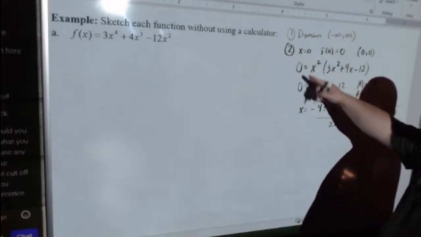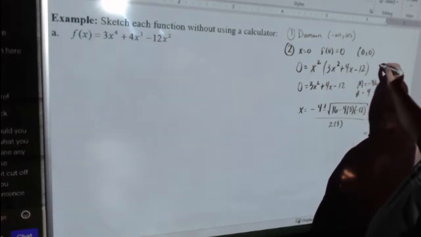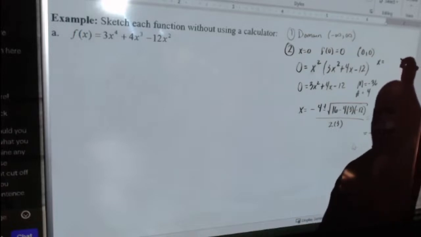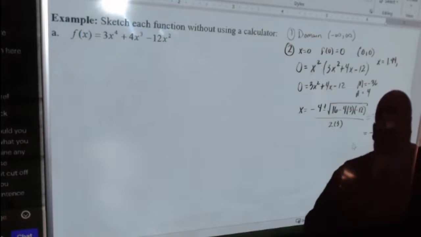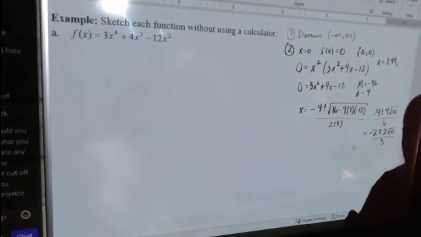So we've got x equals 0, and x equals 1.44, and the other one is approximately negative 2.77.